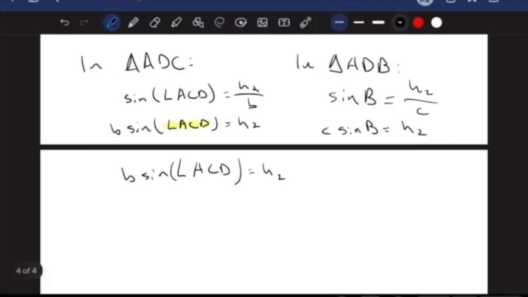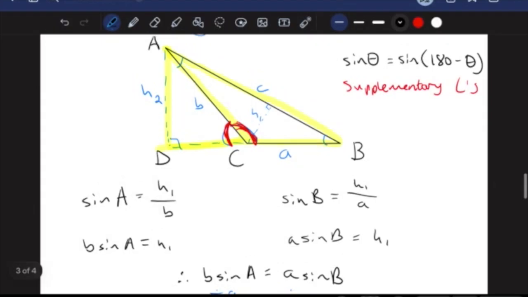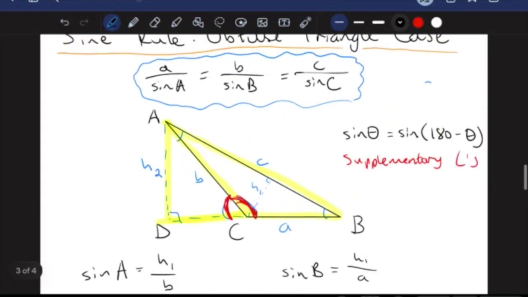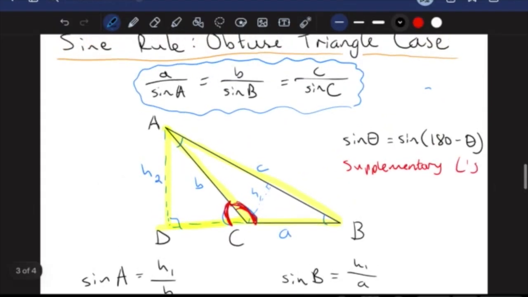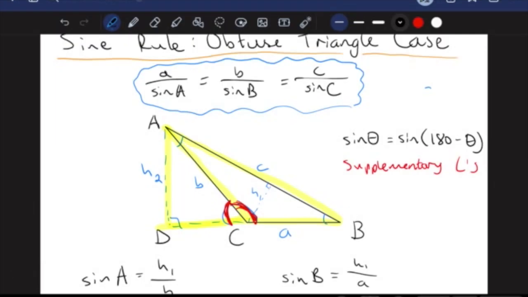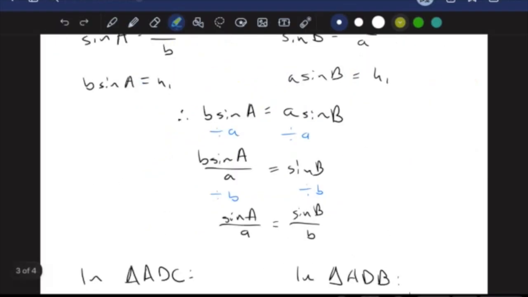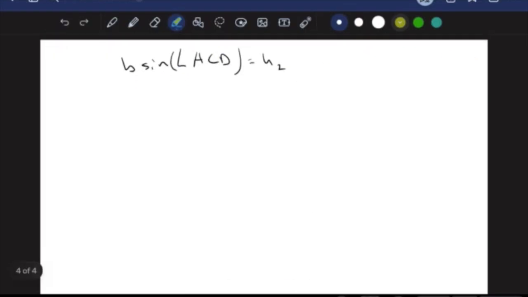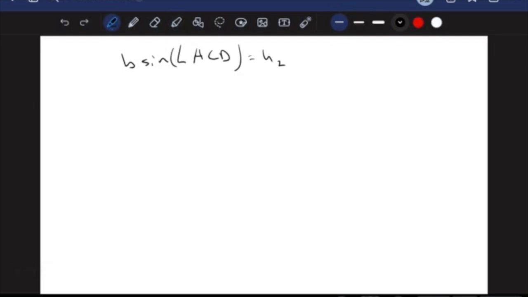Now ACD, if I look at my most general obtuse triangle for my sine rule, we're just going to call angle big C over here. So in essence, we can write here B sine C, because remember, this is my original angle that I wanted to relate back, equals H2.